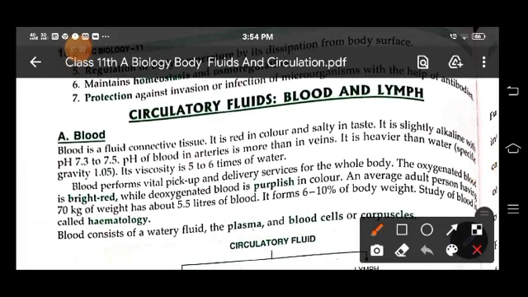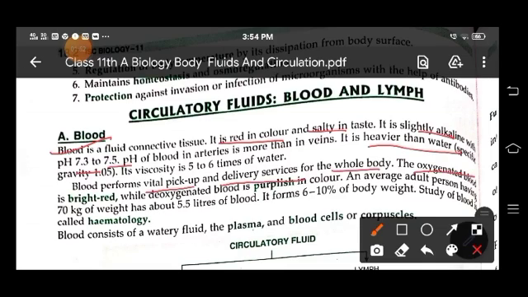So what is blood, children? Blood is a fluid connective tissue which is red in color and salty in taste. It is heavier than water and slightly alkaline, with a pH of 7.3 to 7.5. It performs vital pickup and delivery services for the whole body.